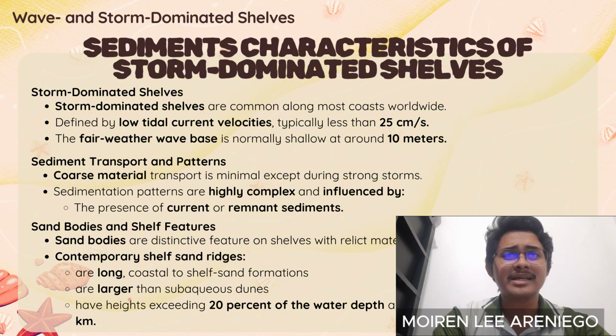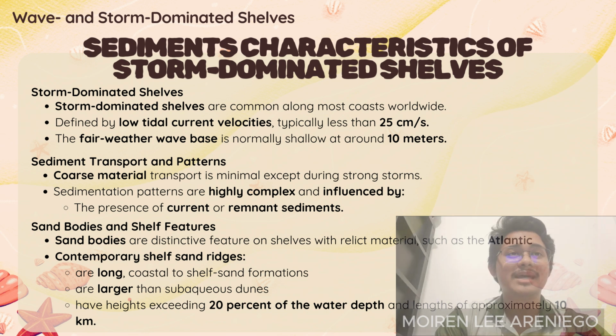Next are the sand bodies and shelf features. What are sand bodies? Again, let me discuss it. Sand bodies are a distinctive feature of shelves, like the Atlantic, that have a lot of relic material. The most controversial sand bodies with respect to their origin are shelf sand ridges.